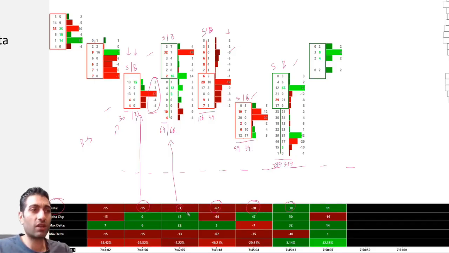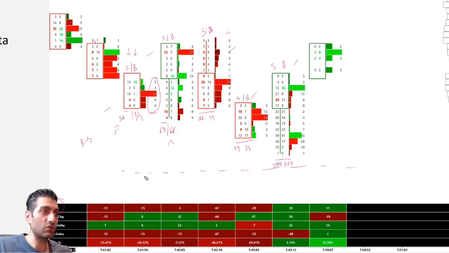Now, delta change I like to look at. I'm not really going to get into the reasons why in detail, because unless the market's moving and I'm showing you myself using the footprint, it probably isn't as powerful. But I'll tell you essentially what it is, and you should be able to understand what it's telling you.